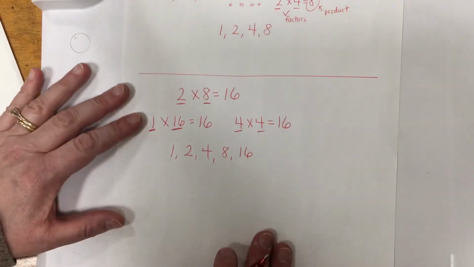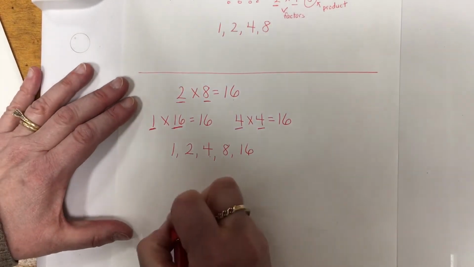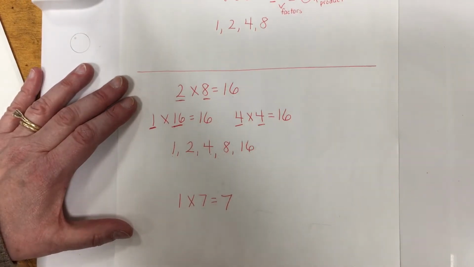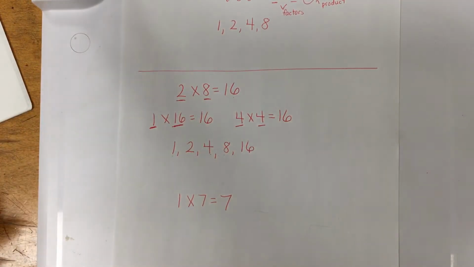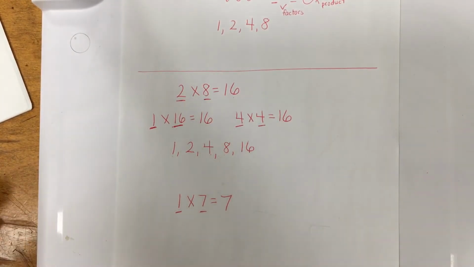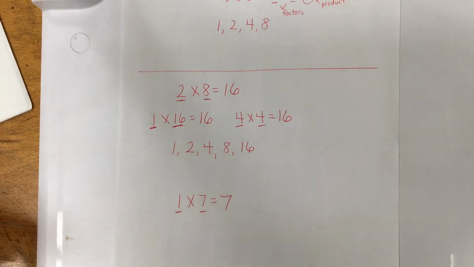Now let's go down and write the equation 1 times 7 equals 7. What are the factors in this equation? 1 and 7. Can we find another factor pair for 7?